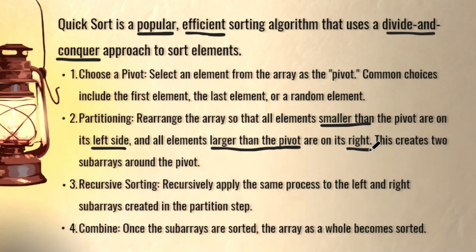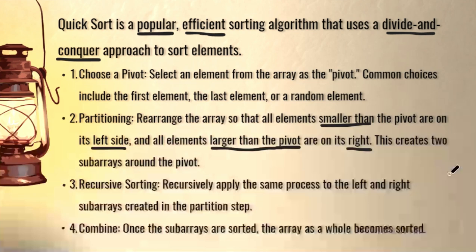The next is the recursive sorting. Recursively apply the same process to the left and right subarrays created in the partition step. So, again, di ba nag-partition ta ganiha? So, naa tay left nga subarray ug si right nga subarray.